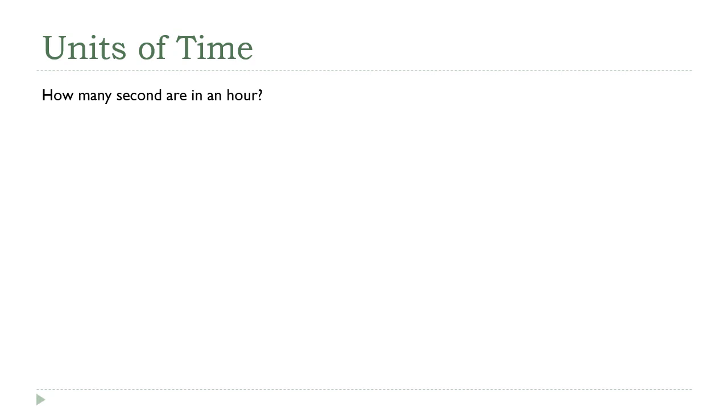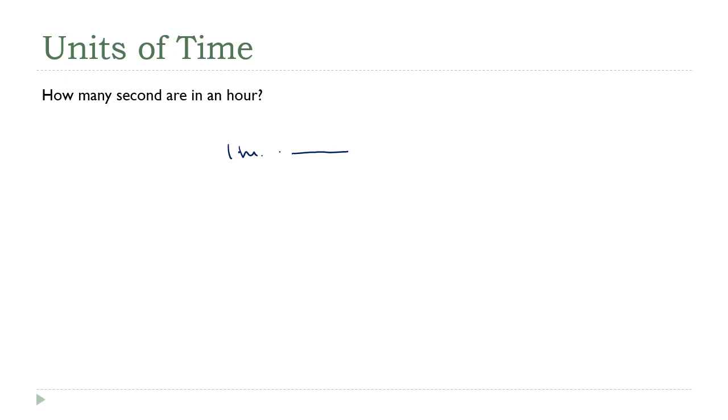All right, so let's look at a quick example here. I want to know how many seconds there are in 1 hour. To do this, we're going to use just the classic unit conversion approach that we've used for all of the other conversions that we've done here. So we're going to start with 1 hour, and I need to get to seconds. Now, I don't have a conversion for hours to seconds, so I'm going to have to do this in 2 steps.